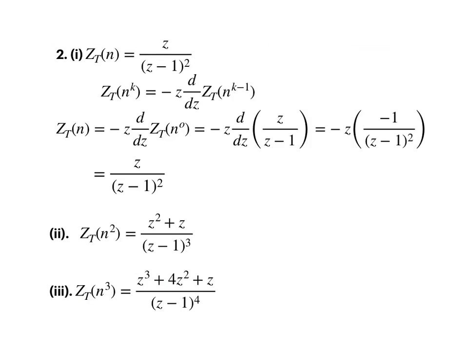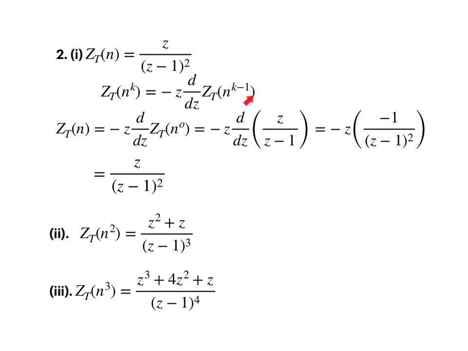The second important standard function: z transform of n is z divided by z minus 1 whole square. So here you can use the property we have already proved. Z transform of n power k is given as minus z d by dz of z transform of n power k minus 1.